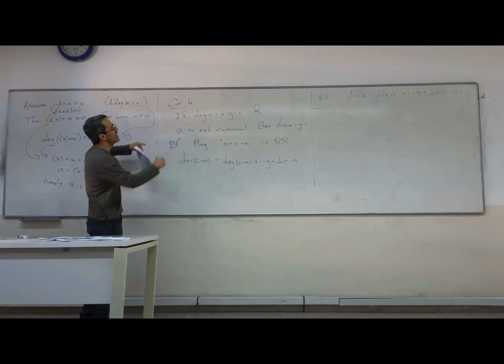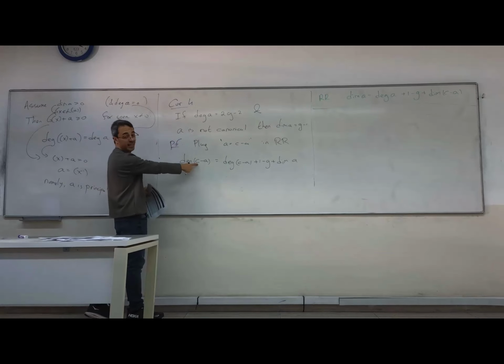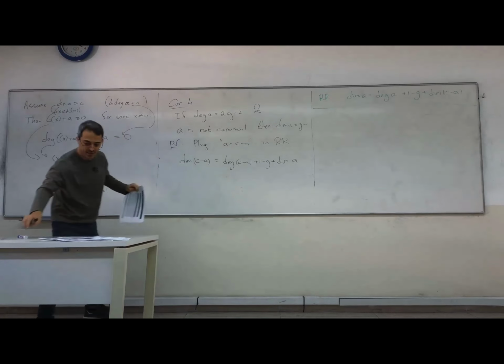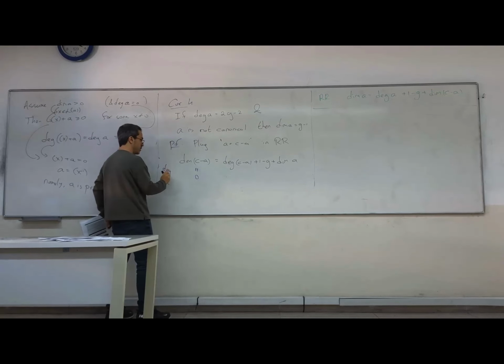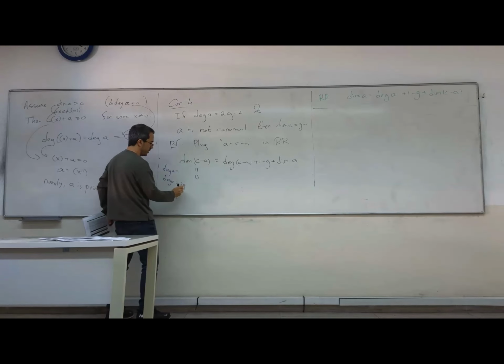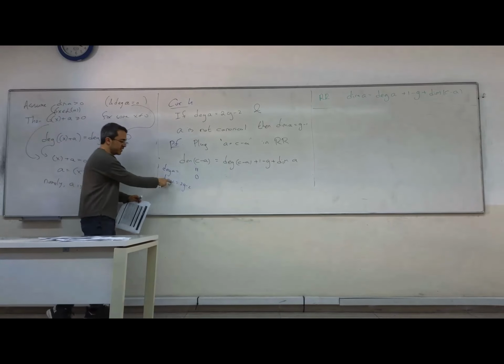Now, when A has degree 2g minus 2, also C has degree 2g minus 2. So the degree of C minus A is 0, because deg A and deg C are both 2g minus 2: deg A by assumption and deg C in general.